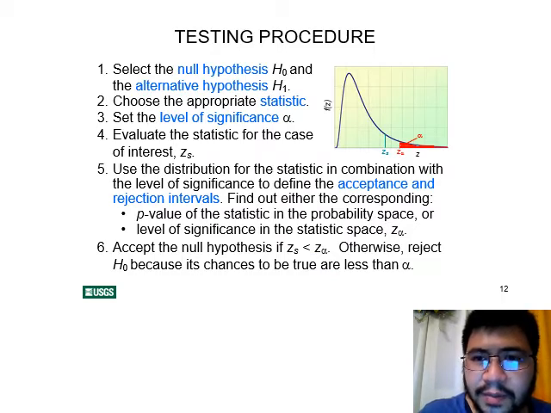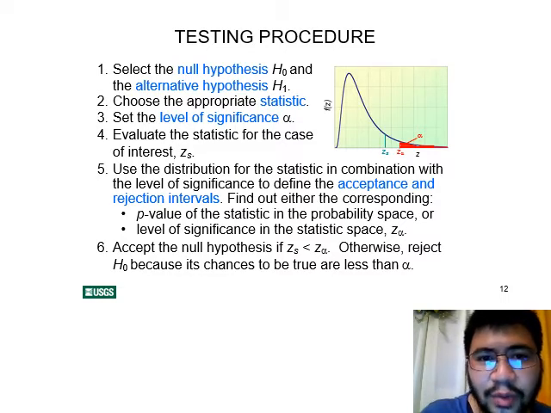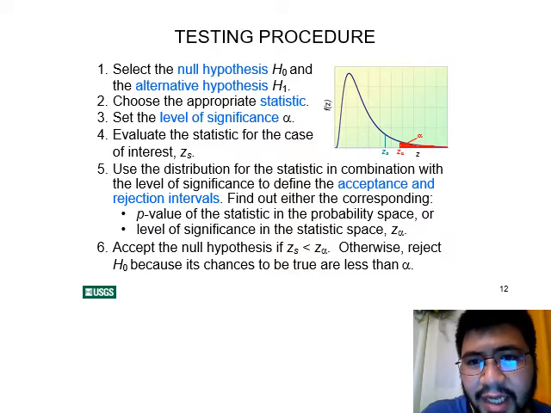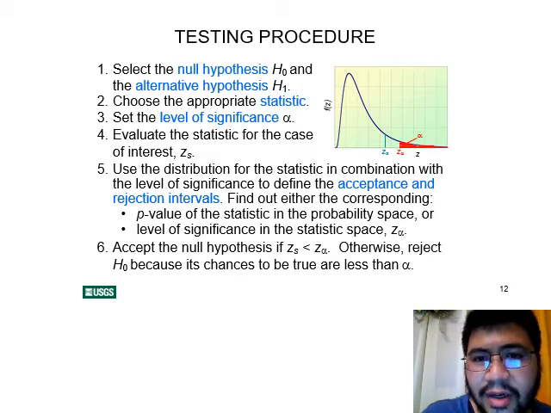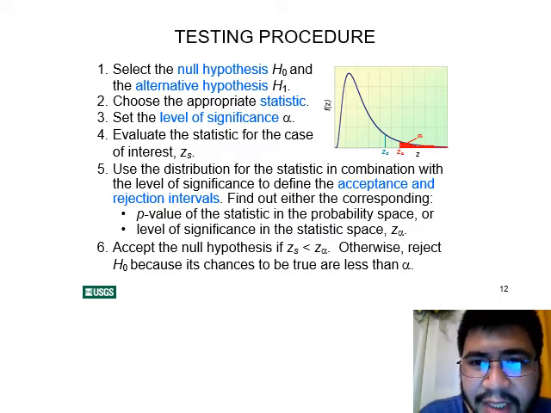All right, now let's zoom out a bit and talk about the statistical testing procedure. Step one is you select the null hypothesis, or H naught, and the alternative hypothesis, or H1 or HA. As discussed earlier, in traditional statistics, the null hypothesis is opposite the commonly accepted hypothesis.